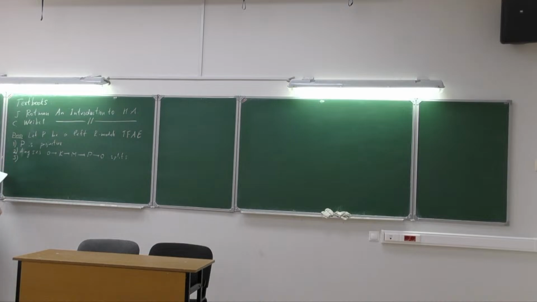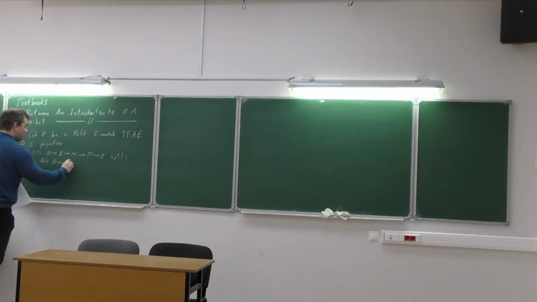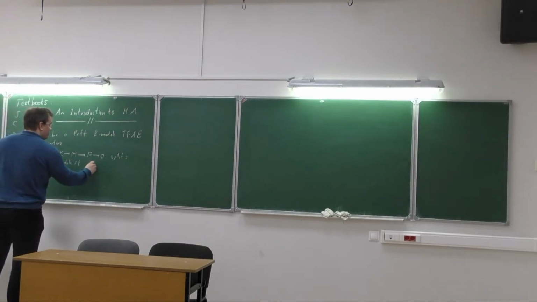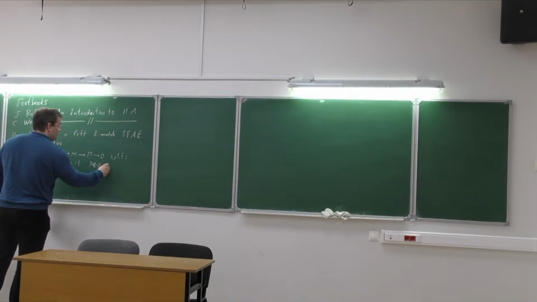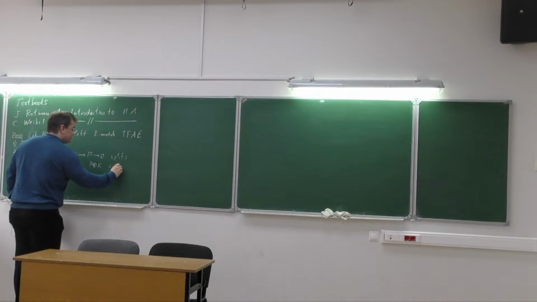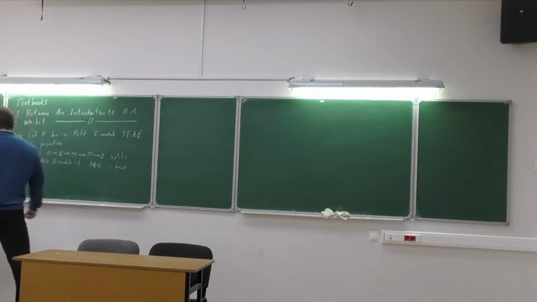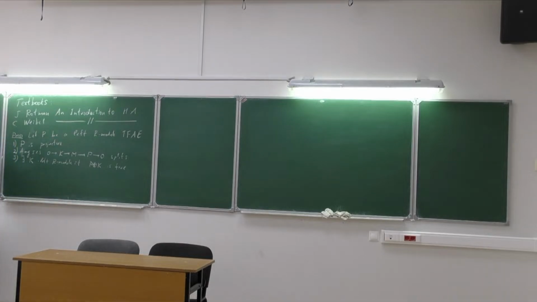Condition number 3 is that there is another left module K such that the direct sum of the module P plus this K is free. In words, this condition can be formulated as: projective modules are precisely the summands of free modules.